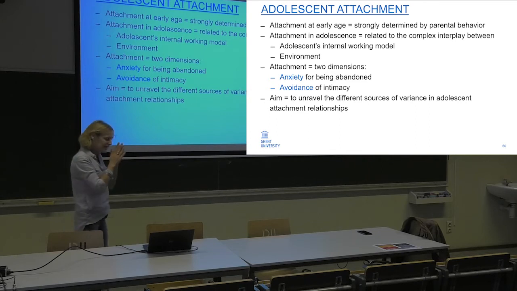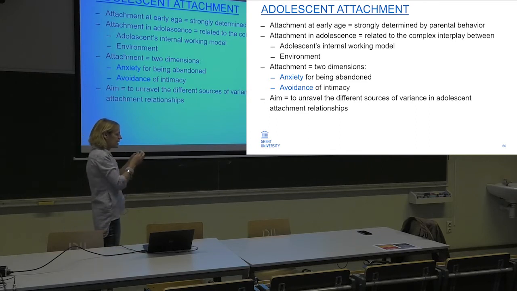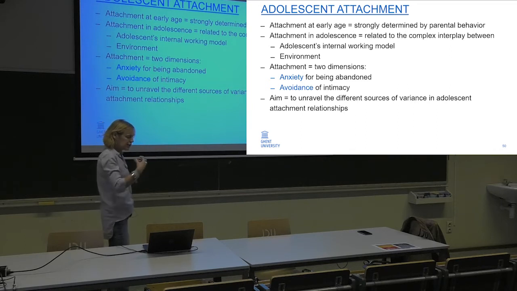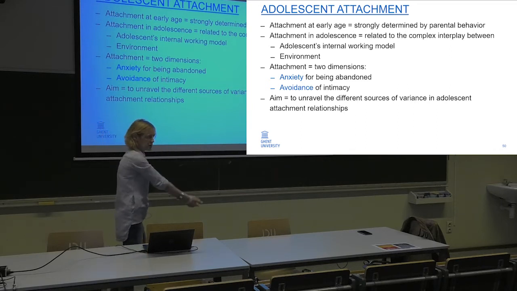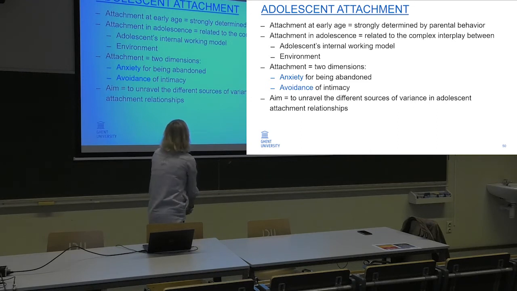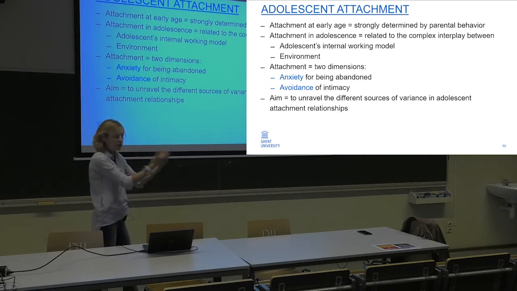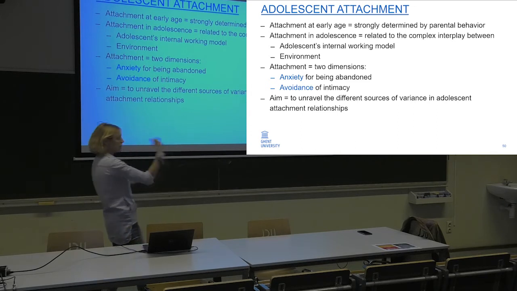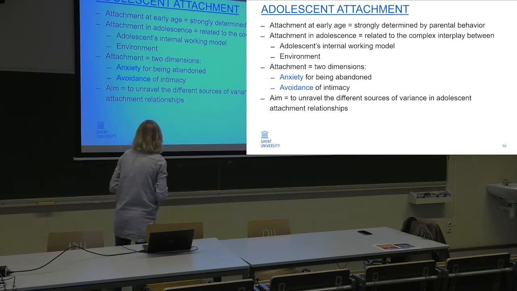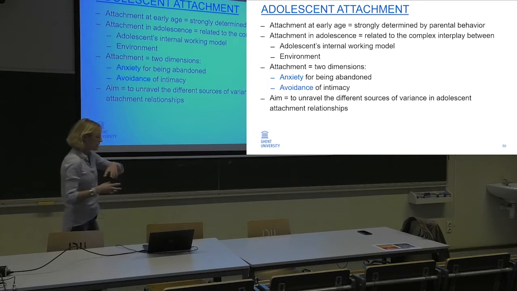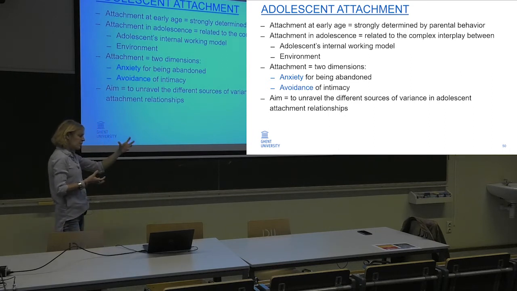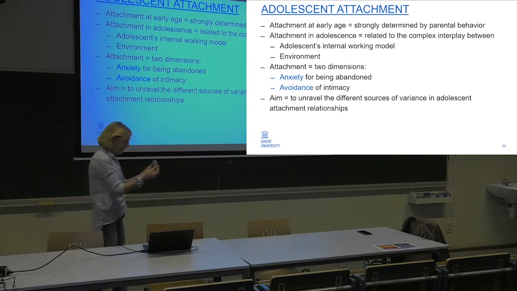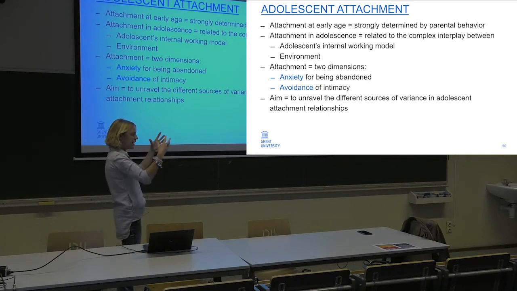But anyway, in attachment theory, the initial theory, there was a lot of emphasis on the impact of the parent on the children, yeah? So it's really about an actor effect, or a partner effect from the child perspective. But when children become adolescents, then they incorporate a lot of what they experience with their parents as an internal working model.